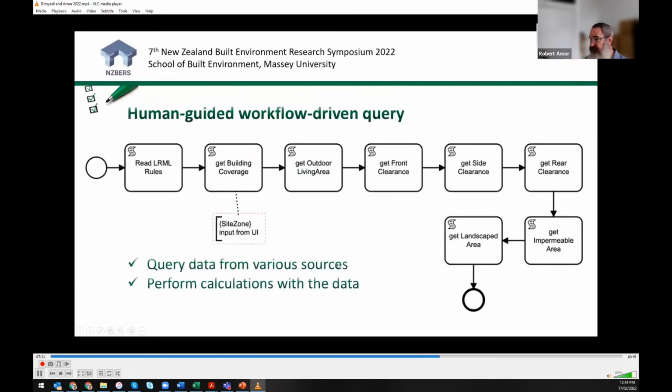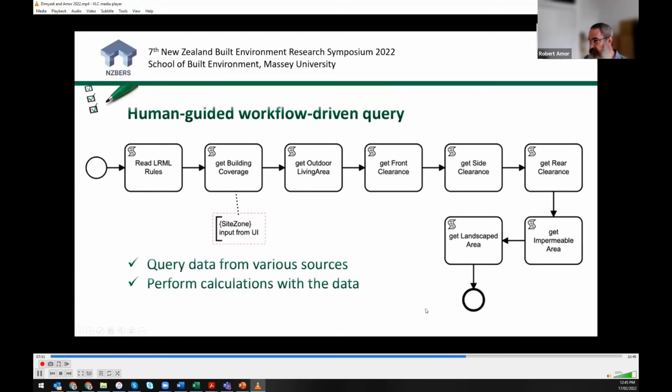When we have all of the codes computerized, that gives us all of the calculations which need to be done. It doesn't say anything about the order that they need to be applied or how they should be interpreted. And so what we have is a process workflow, which gives us a way of specifying how a human would go through and do these calculations.